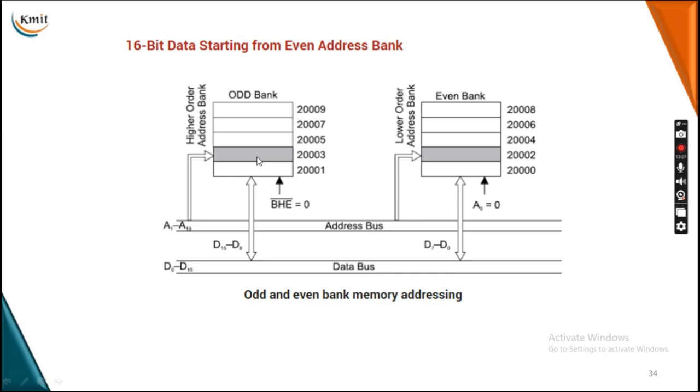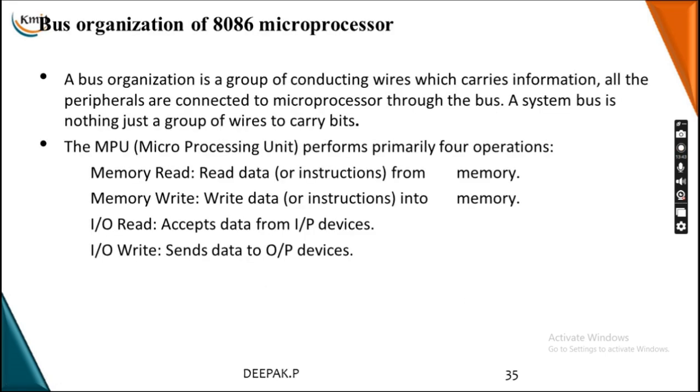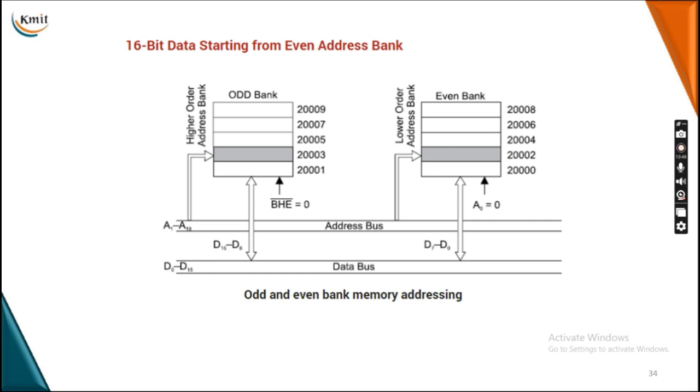This is how your memory address locations will be transferring the data depending upon the type of data we are processing. So this is about the physical memory organization. If we want to transfer a byte of data, we can use either the even bank or odd bank, which is 512 kilobytes each.